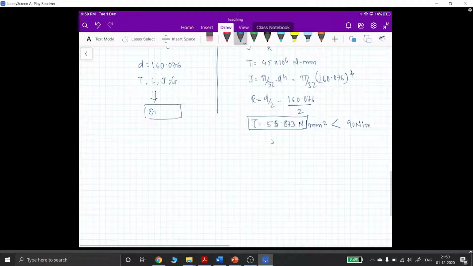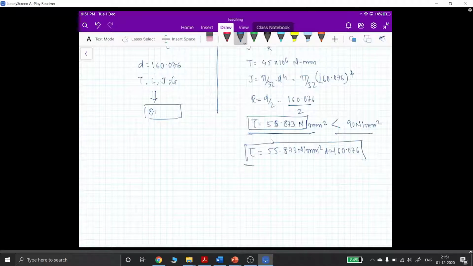As it is less than 90 Newton per mm square, this value will be accepted. So tau corresponding to the diameter we have calculated, 160.076, will be 55.873 Newton per mm square. This is the answer to the second part of the question.